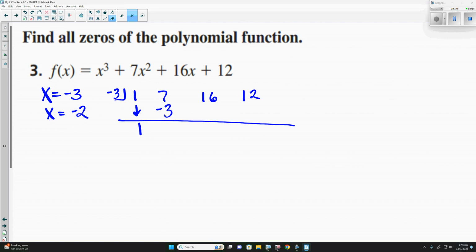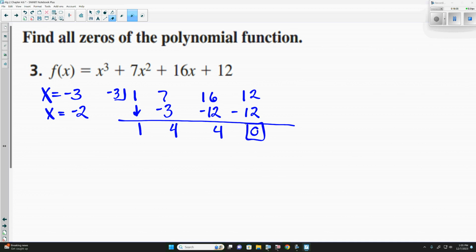-3 times 1 is -3. 7 plus -3 is 4. -3 times 4 is -12.